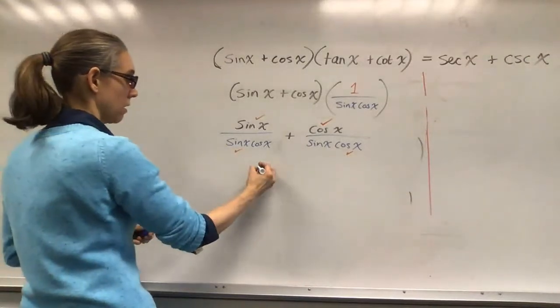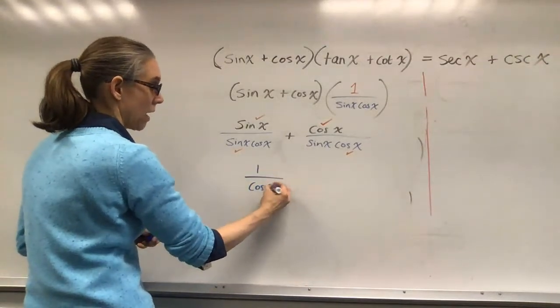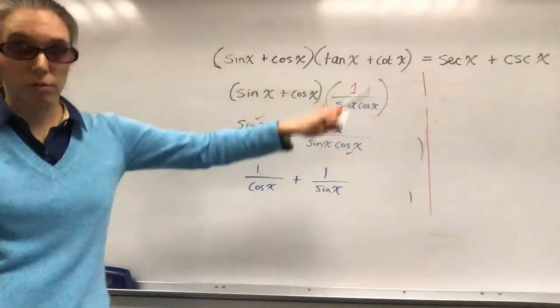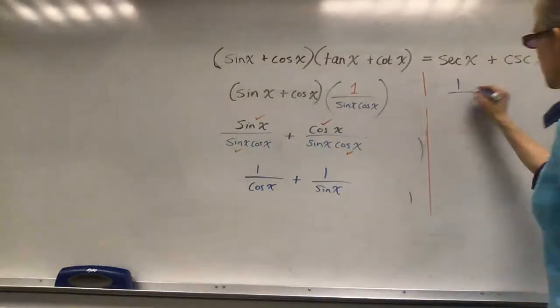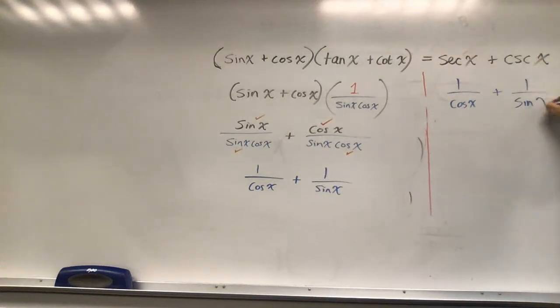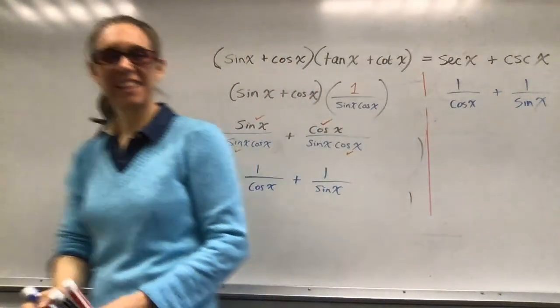This is good. 1 over cosine x plus 1 over sine x, and what do we have over here? 1 over cosine x plus 1 over sine x, and we're done. So that's very good.